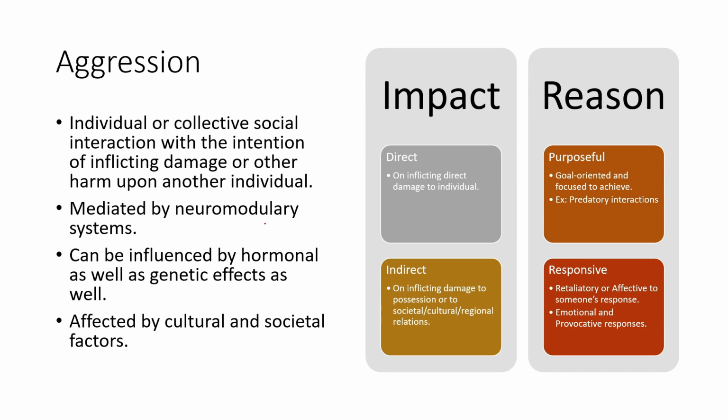If someone provoked your anger, or you got emotional and angry with respect to some particular thing which was affected by another organism, then that sort of interaction is called responsive. So it happens due to an event, whereas purposeful happens because of a particular goal. Responsive happens because of a certain event that happened, and you are responding to that with aggression. So these are different kinds of aggression with respect to different types.